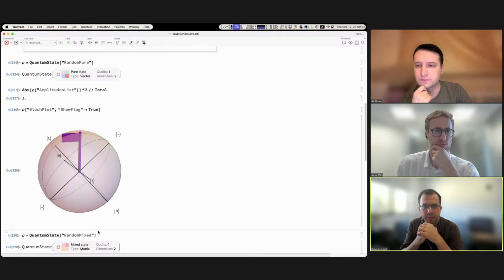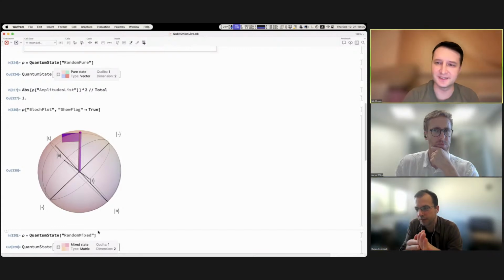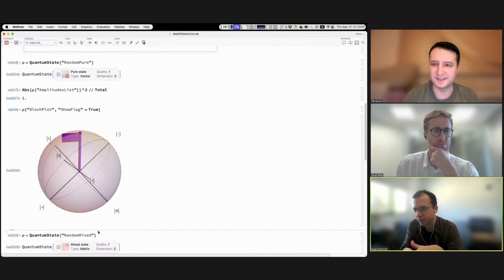And if you're modding out by phase, then you're doing a topological projection from S3 down to S2. This is what's described in the Hopf fibration.